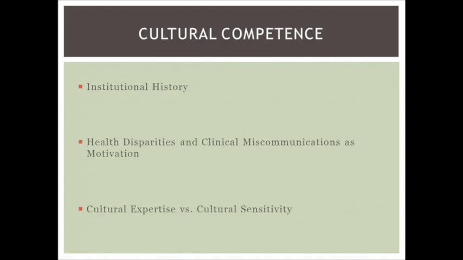I'll try to be brief here because I do want to have time for questions, but I began to be curious in the course of this work about the history of the idea of cultural competency. And there aren't a whole lot of official histories of it, but the furthest back that I see reference to the precursors to cultural competency is in the 1950s and 60s medical sociology literature, where medical sociologists began to study the quote-unquote culture of biomedicine.